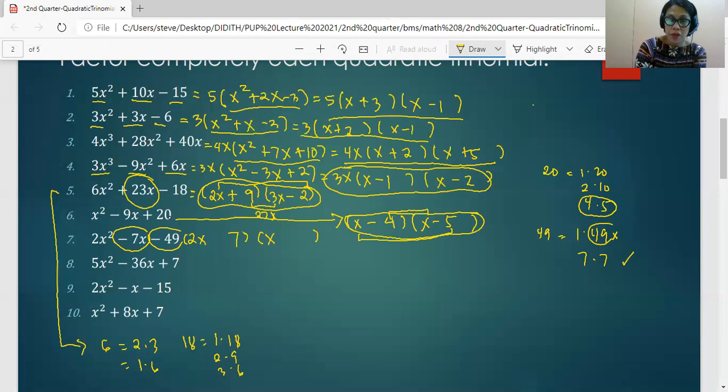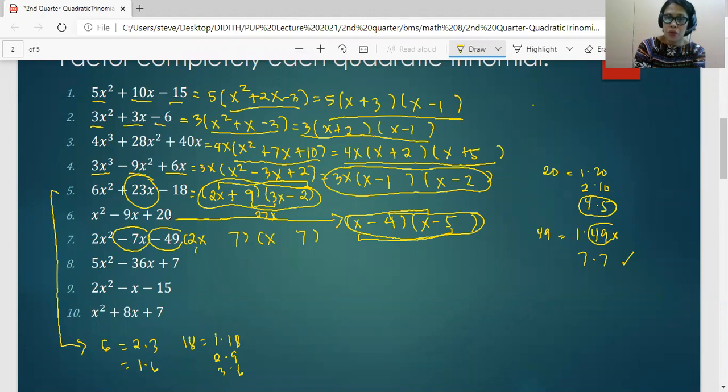So we'll place 7 here and 7. Take note that one should be positive, the other one is negative. And the middle term here is negative. So the product of either the outer and inner term should have a negative value.